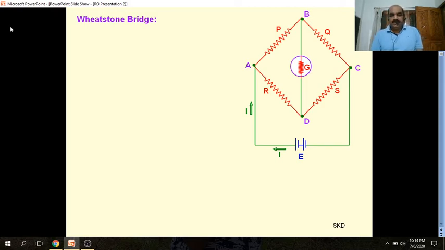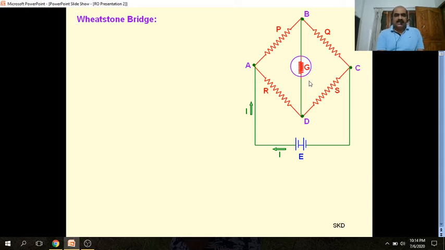The working is based on the null deflection, means no deflection in galvanometer. It will take place only when the potential at B and potential at D is the same.